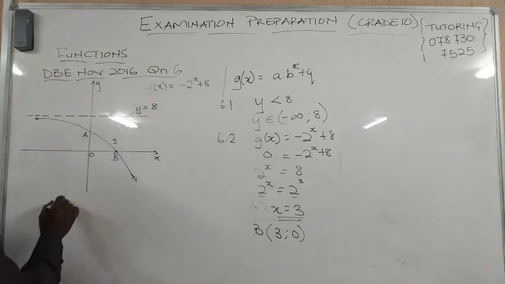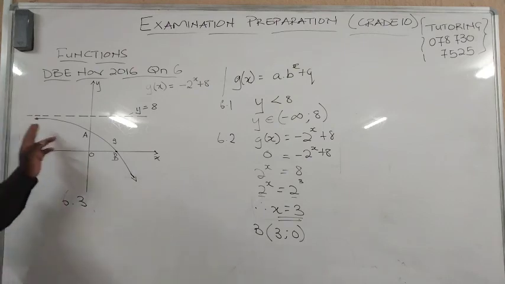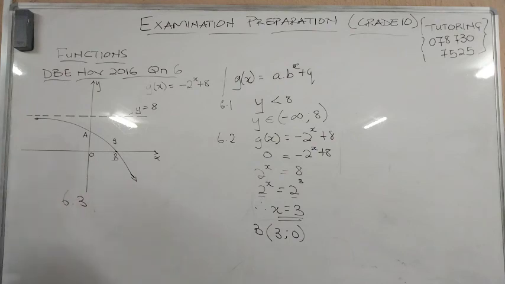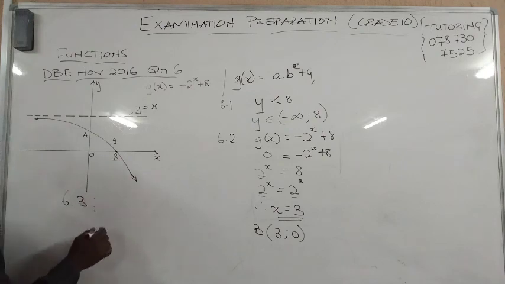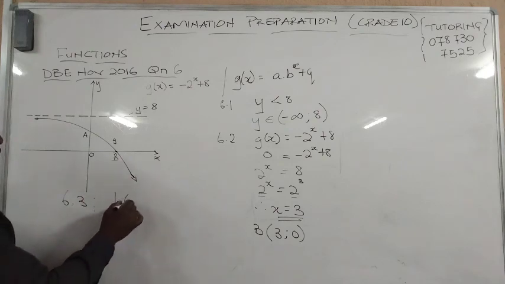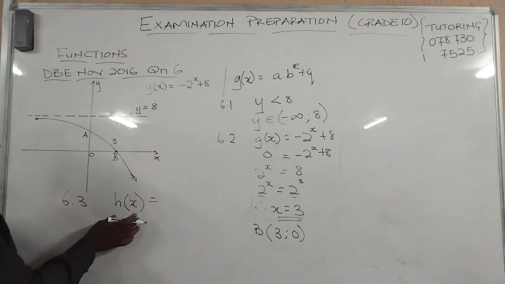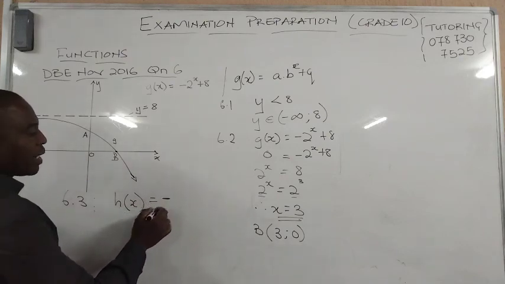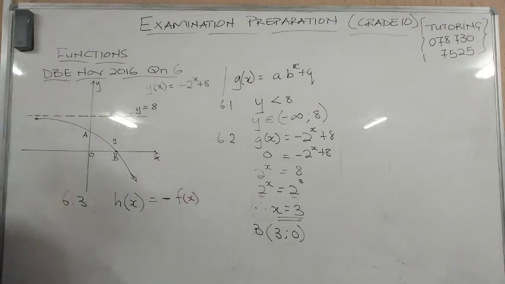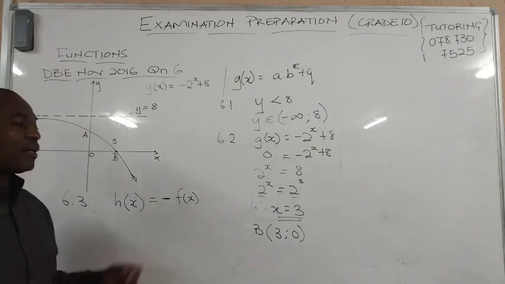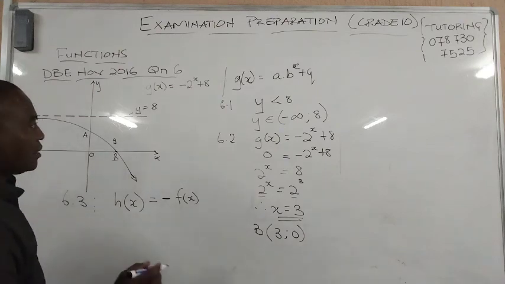So 6.3, we are reflecting g of x along the x-axis, and we know that if we reflect a graph along the x-axis, our h of x, we'll get it by multiplying g of x by negative.